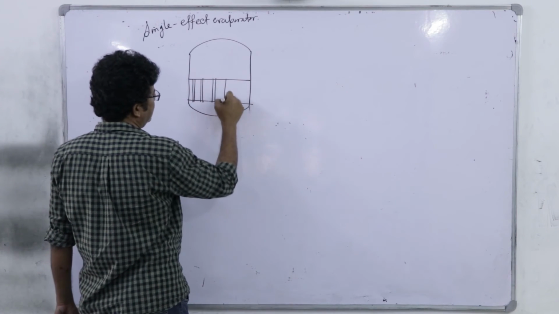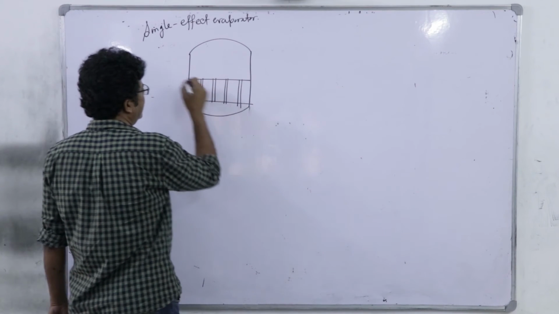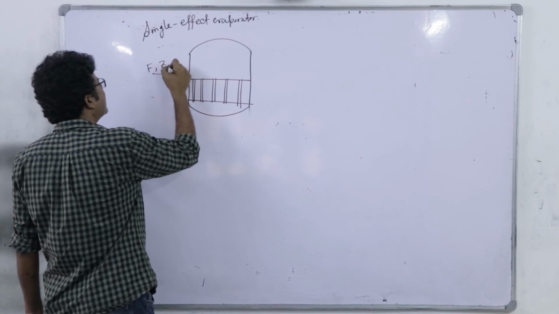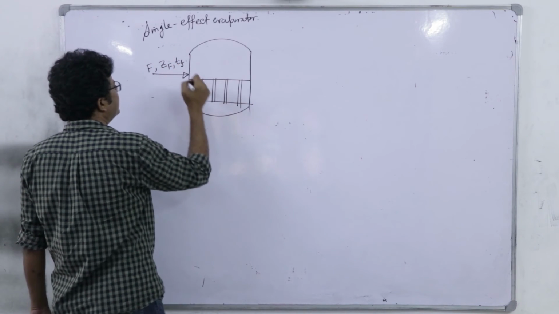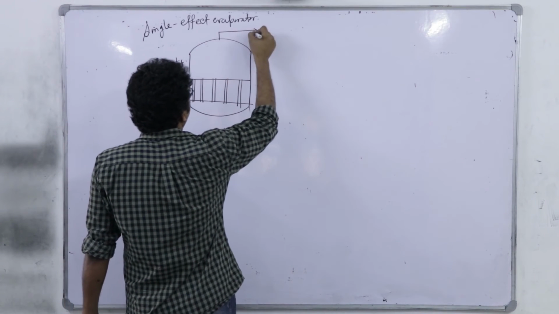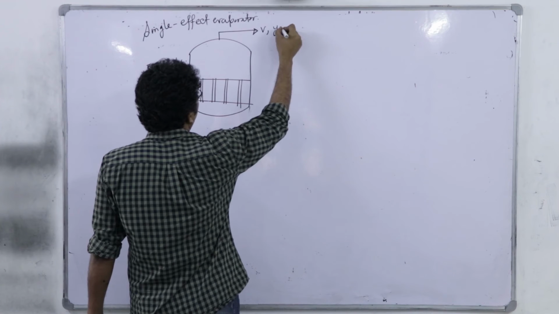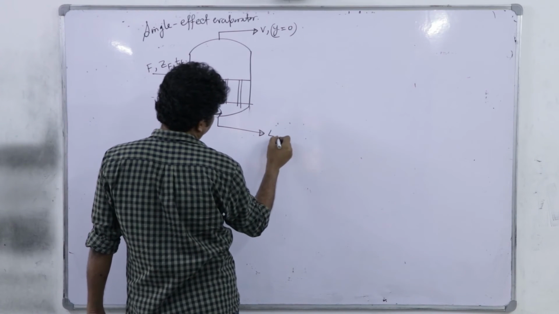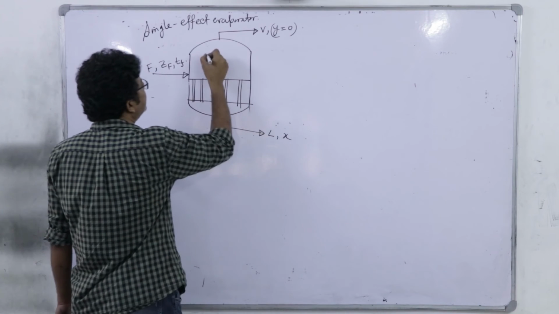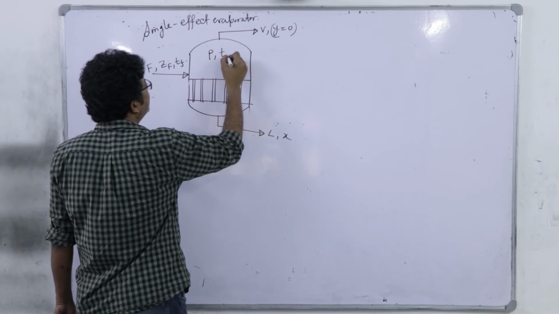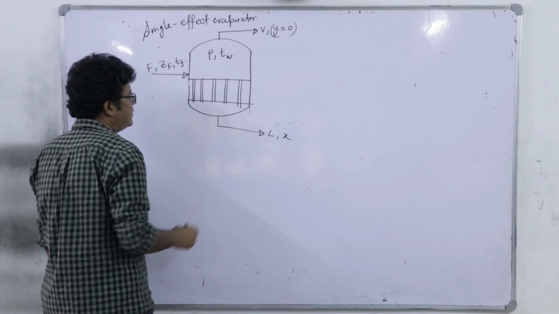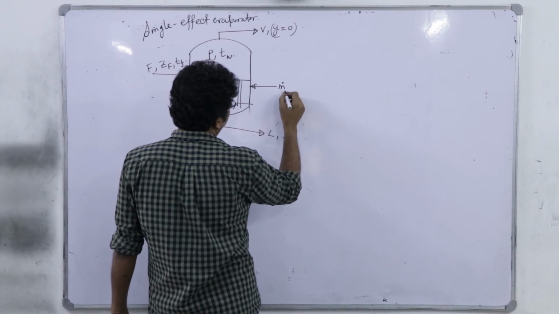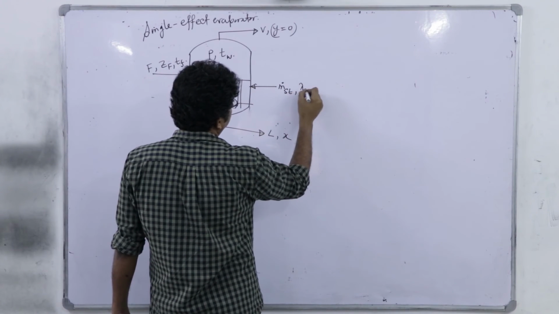It is a schematic of a single effect evaporator. Let us say the feed flow rate is F, concentration zF, its temperature is TF. Vapor flow rate V, with composition y, which we assume to be 0. And here liquid flow rate L, composition x, the pressure P, pure water's boiling point is TW.